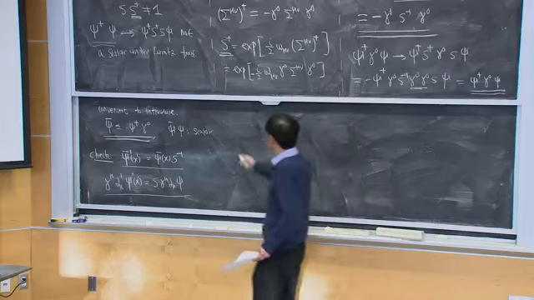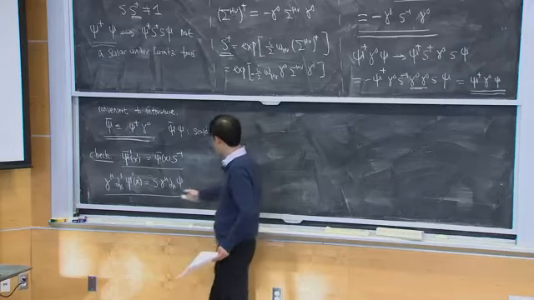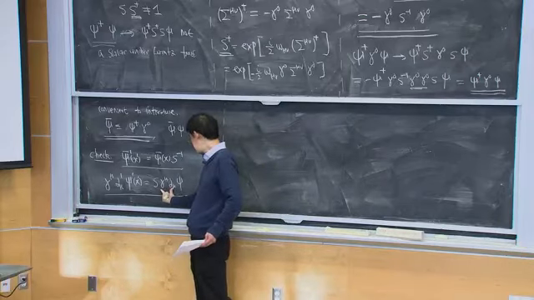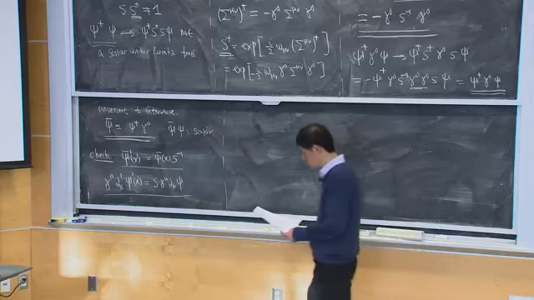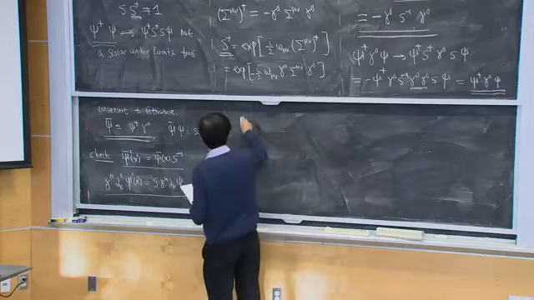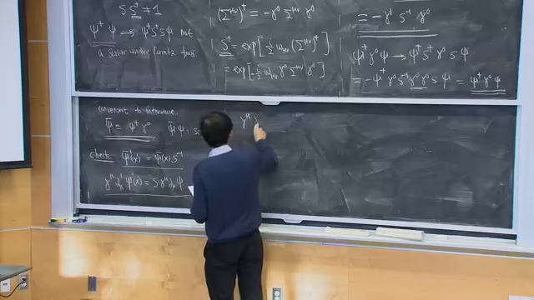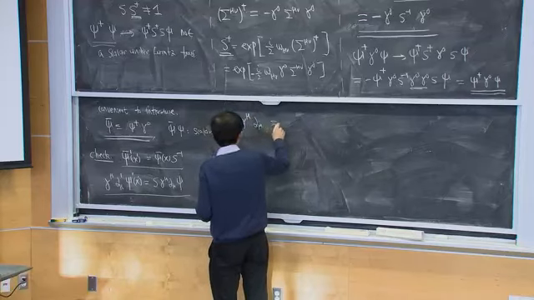This gamma mu partial mu will appear a lot because it appears in the Dirac equation, so it's convenient to introduce a new notation. We define gamma mu partial mu to be partial slash.